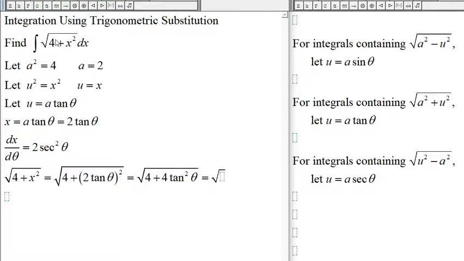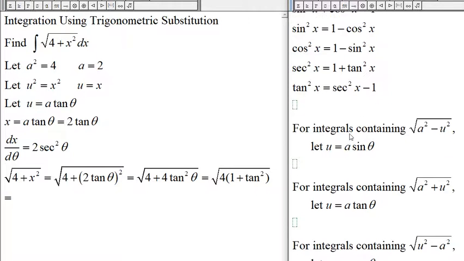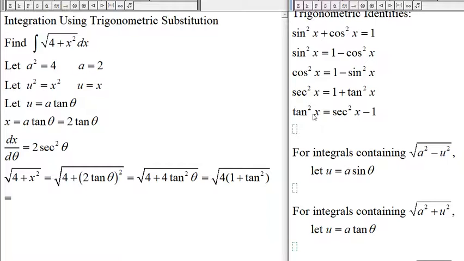The common factor is 4, so you get 4 times 1 plus tangent square theta. One of the trigonometric identities is that 1 plus tangent square is secant square.